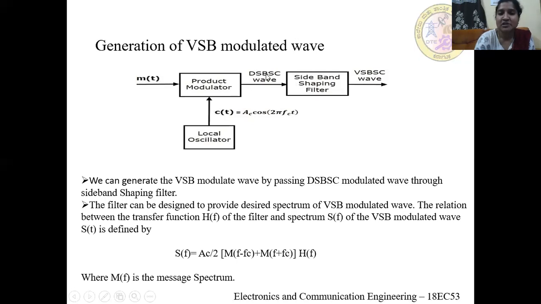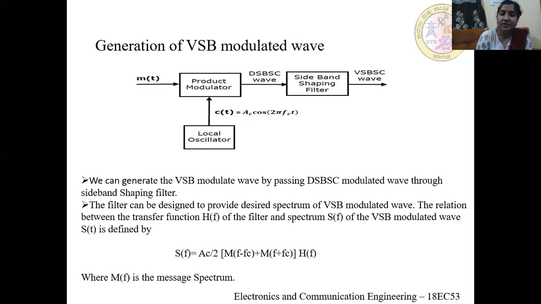If you pass this double sideband suppressed carrier wave through the sideband shaping filter, you will get the output as the vestigial sideband wave. So we can generate the VSB modulated wave by passing the DSB-SC modulated wave through the sideband shaping filter. The filter can be designed to provide the desired spectrum of the VSB modulated wave.